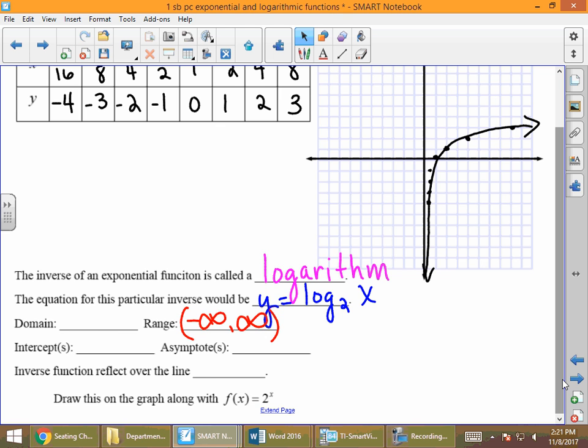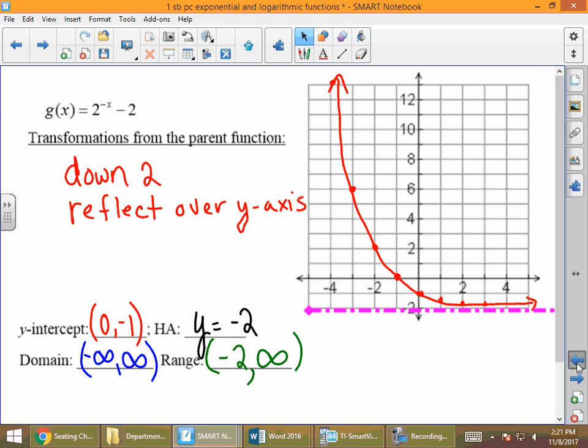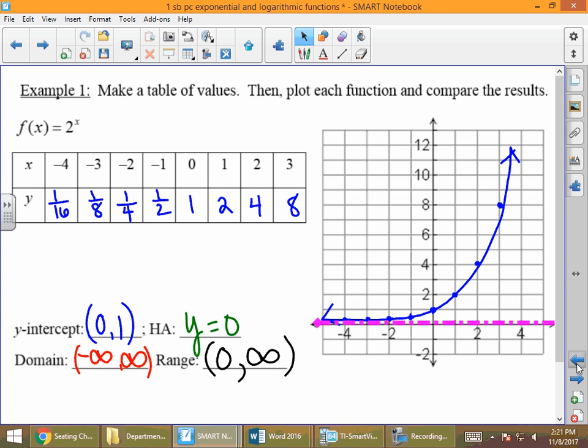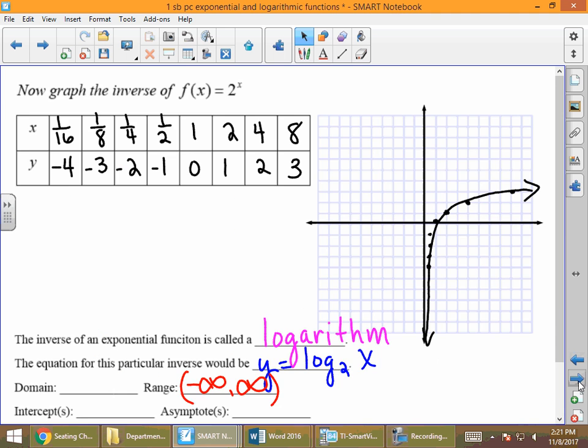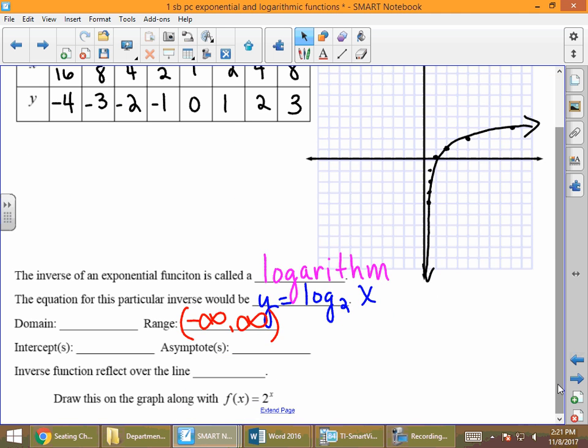If we go back to our first graph, our range is 0 to infinity, which means that our domain of our inverse is 0 to infinity. Because not only do the x and y values switch, but so do the domain and the range. That makes it a little bit easier, possibly, to find those values.